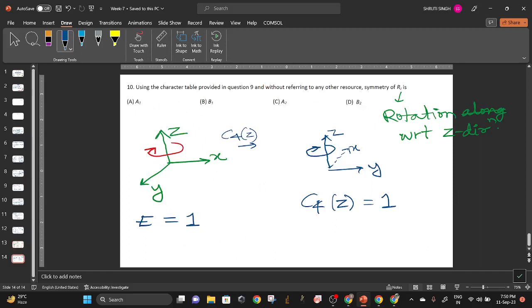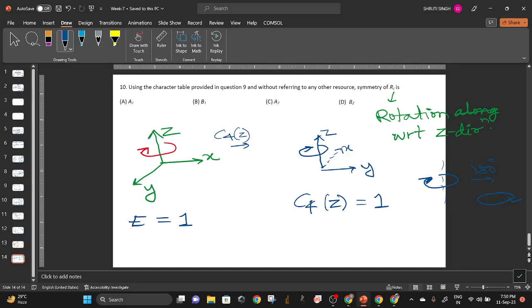Again C2z is the same case, except that instead of rotating by 90 degrees, we rotate by 180 degrees. If I rotate along Z by 180 degrees, the arrow will come like this.